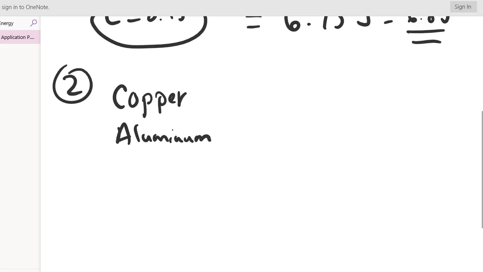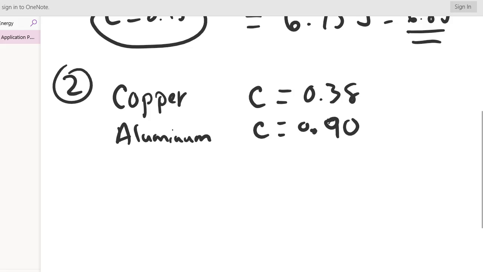And if we look up at that chart, our C factor for copper, if we look at the chart on page 82, it is 0.38. And for aluminum, it is 0.90. So what that means is that aluminum's specific heat, this C factor right here, is greater than copper's specific heat right here.